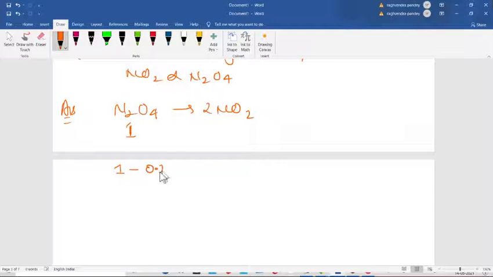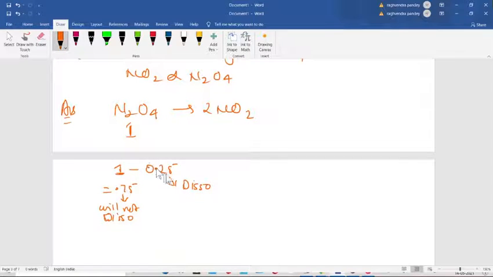So out of 1, 0.25 will dissociate, and 0.75 will not dissociate. That we have done earlier, isn't it? You can remember that, or you can see the video.